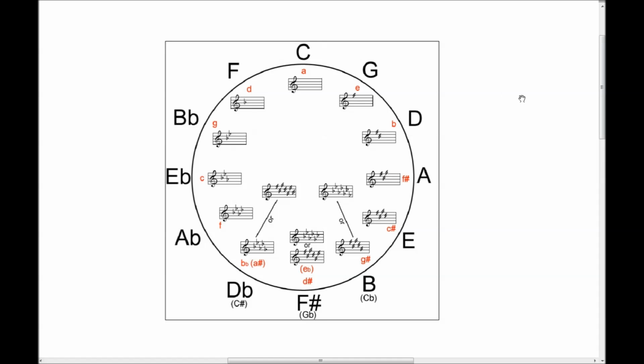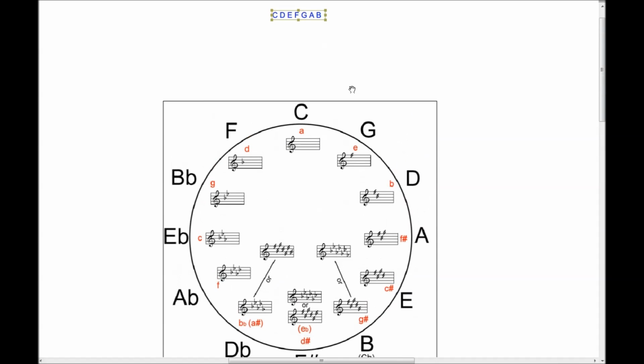Okay, so why do we call it the circle of fifths? Now the circle of fifths gets its name because every key is the fifth note of the major scale before it. So if we start with C major, and everything is derived from C major, it's the only key without any sharps or flats.